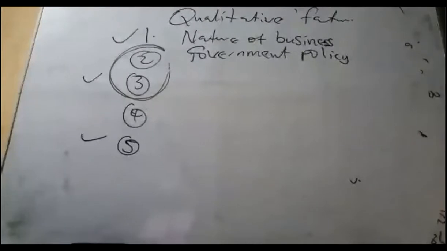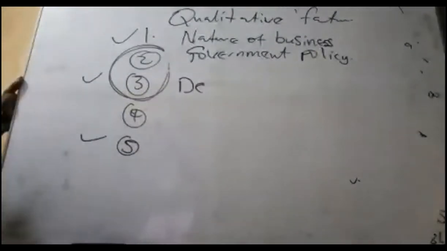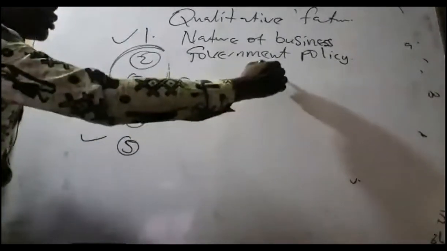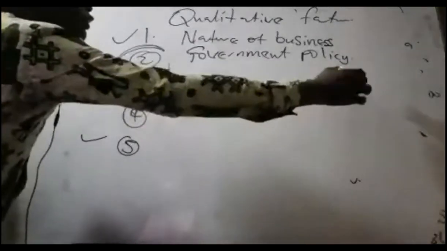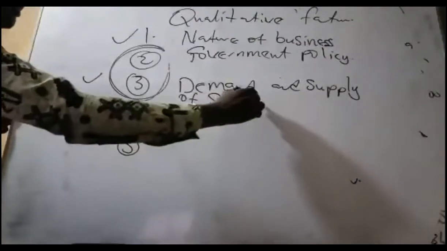All of this will have impact on the value of a business. Then you can also talk about the demand and supply of the shares of that company. So the demand and what? Supply of the shares of that company.